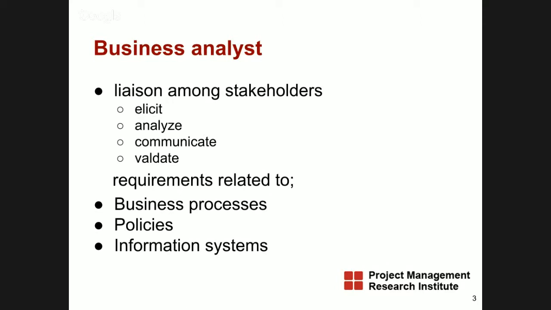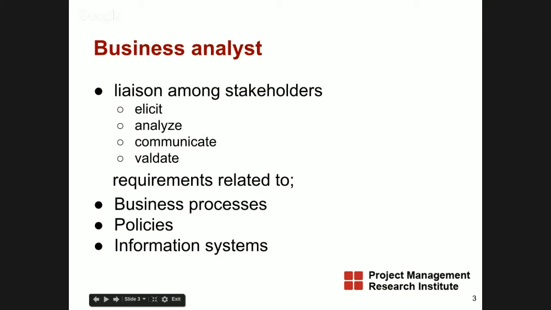So it is not just information systems. You may need solutions for the problems faced in the business process itself. The IT component may be there, may not be there. You may have to provide solutions to the problems faced by the existing policies sometimes. Again, the IT component may be there, may not be there.